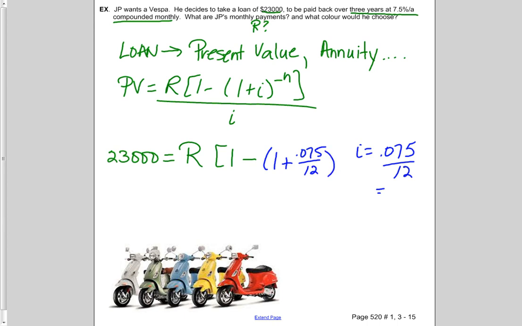To the negative n, how many payments does he make? 3 years monthly, 36 payments. Over i, decimal 0.075 over 12. I fully expect that you are doing all of this along with me with your calculator to make sure that you're friends.